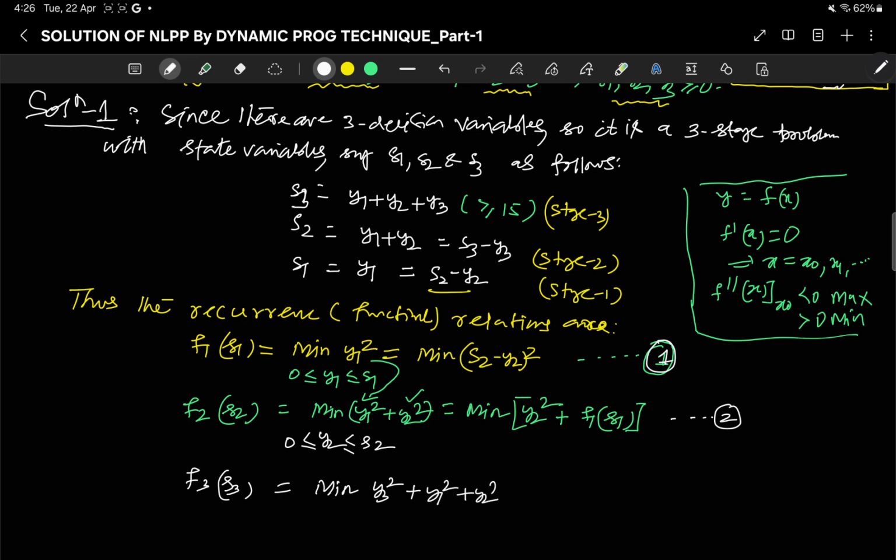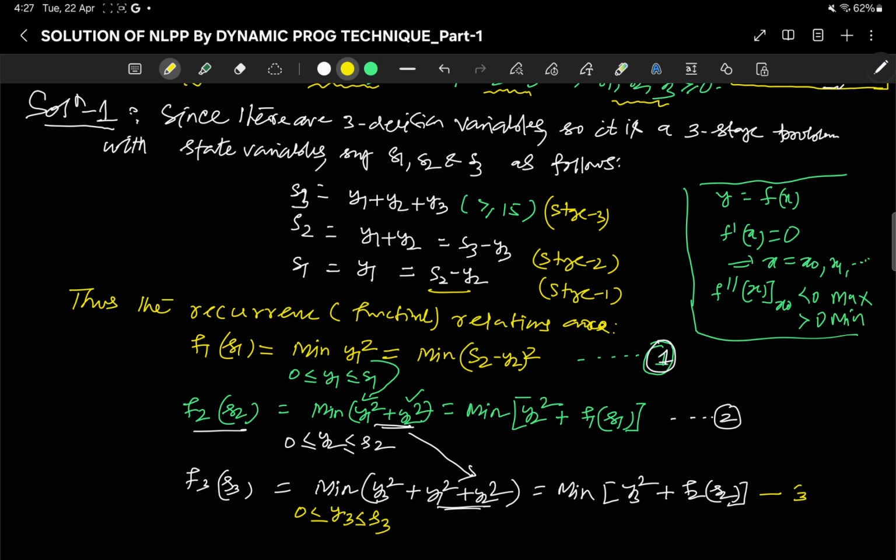Using equation 2, this is the minimization of y3 square plus f2(s2).